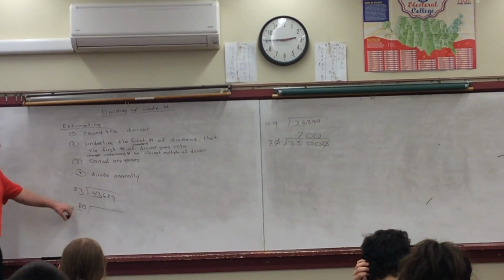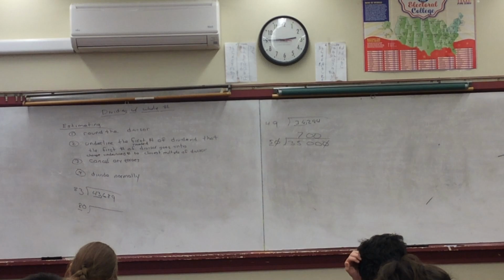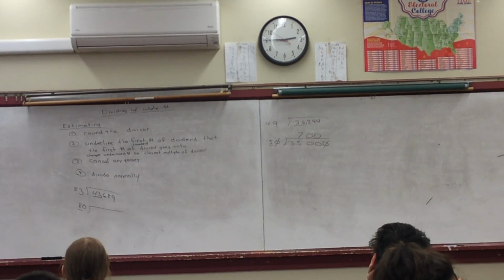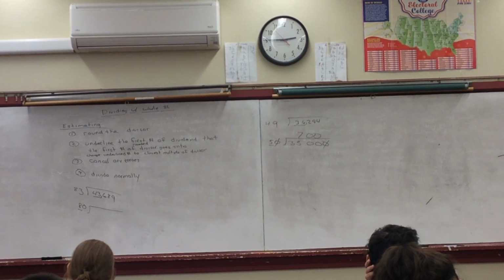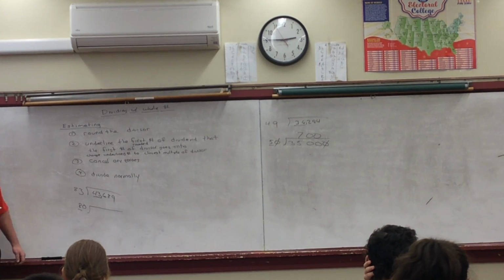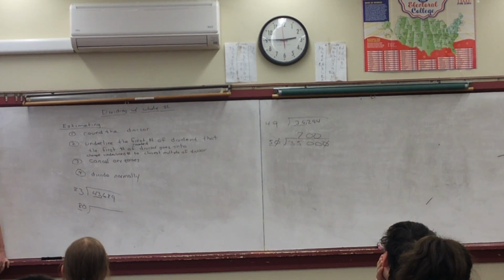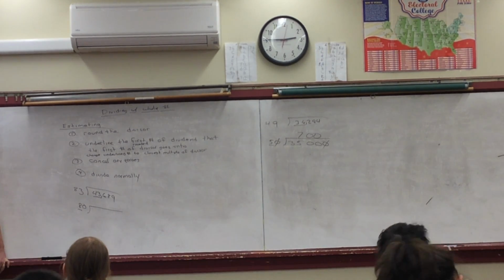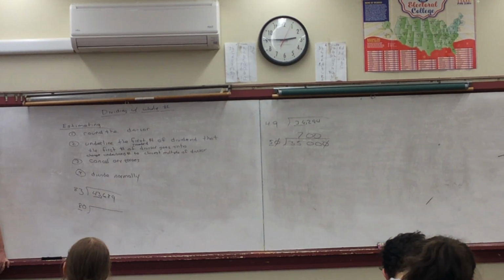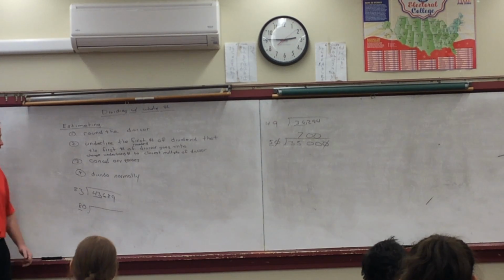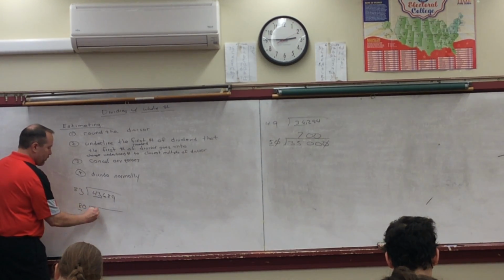Because what multiple of 8 is closest to 43? Think about your multiples of 8. What multiple of 8 is closest to 43? 40. Because the next one would be 48. Is 43 closer to 40 or 48? 40. So we're going to change that 43 to a 40.